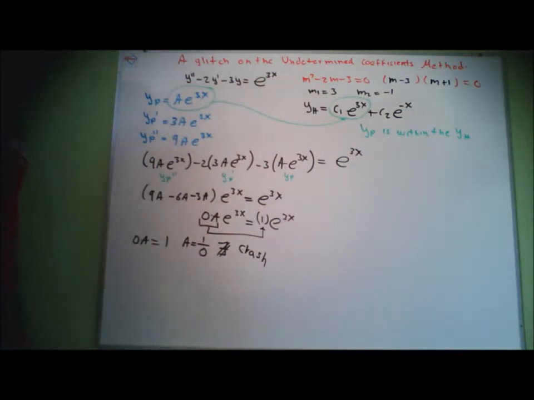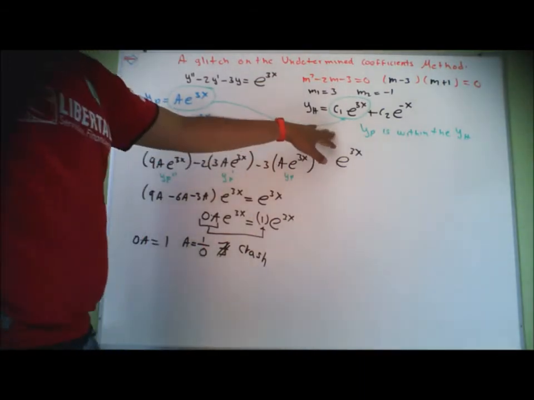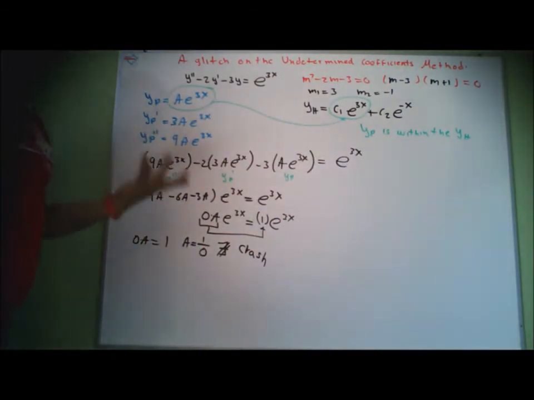So what should we do to fix this problem? The fix is very similar to the repeated roots case. Because the particular solution is repeated in the homogeneous solution, we need to make it linear independent.